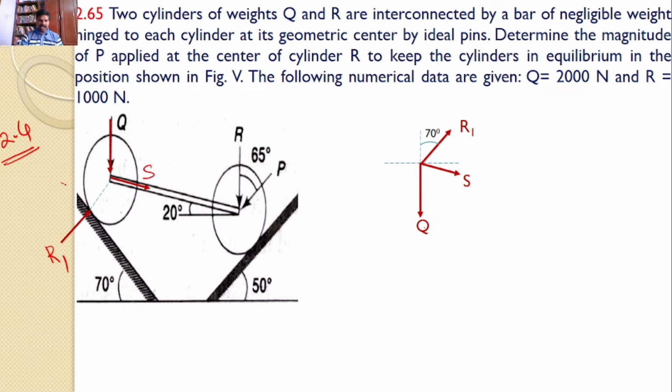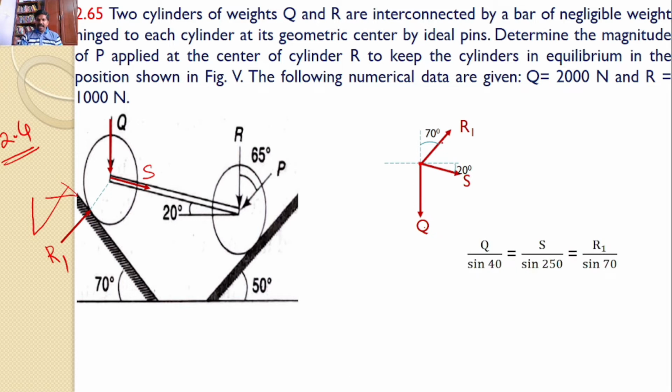This surface makes an angle 70 with the horizontal, so its perpendicular makes an angle 70 with the vertical. And then S makes an angle 20 degrees with the horizontal, that is given. So there are three forces. All three forces are meeting at a particular point and all are divergent, so I can apply the sine rule.